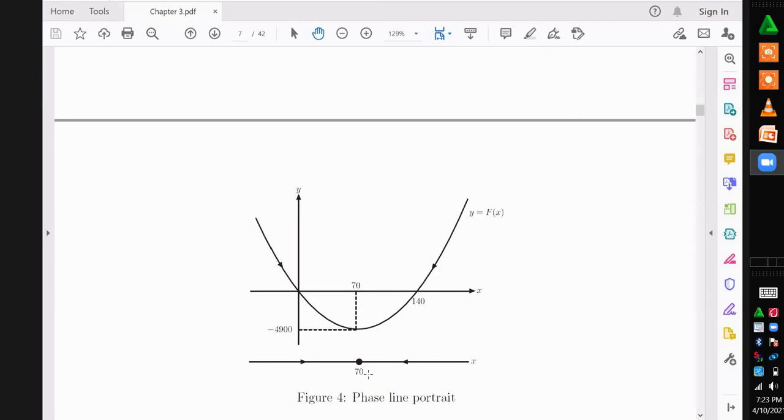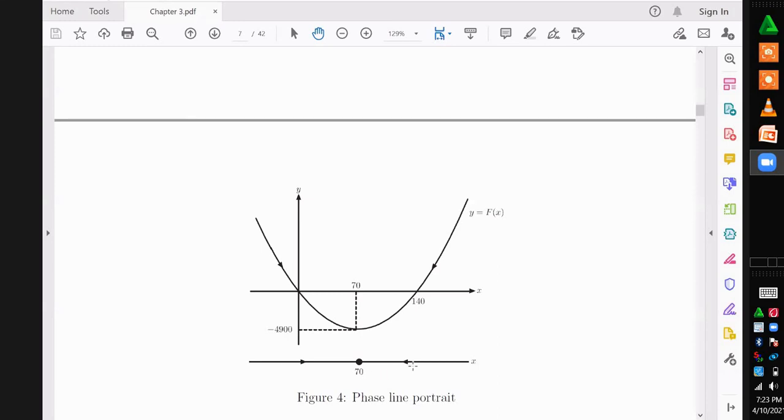Also, this is the phase line portrait. This is the x-axis. This is the solution x equal to 70.